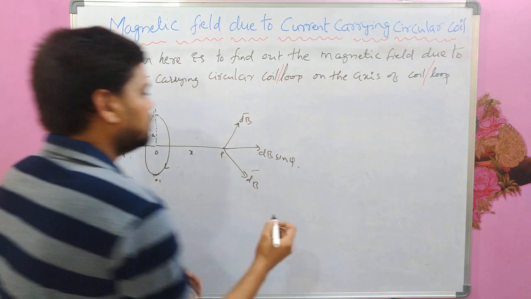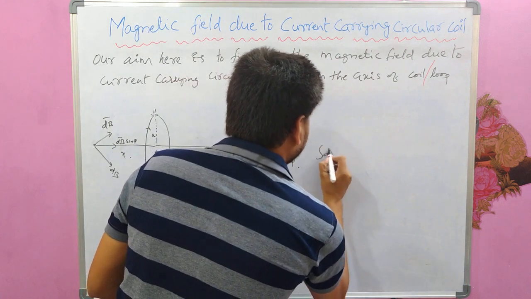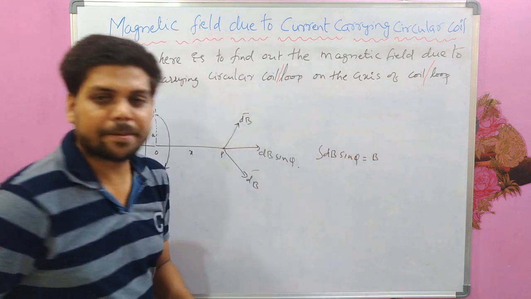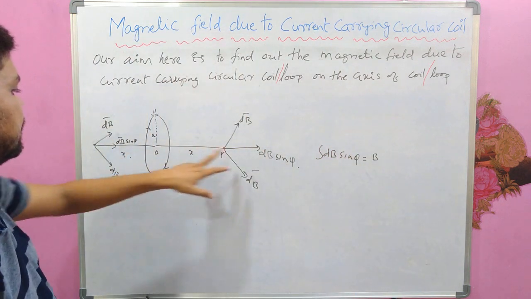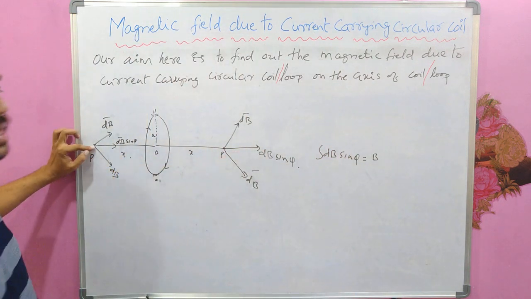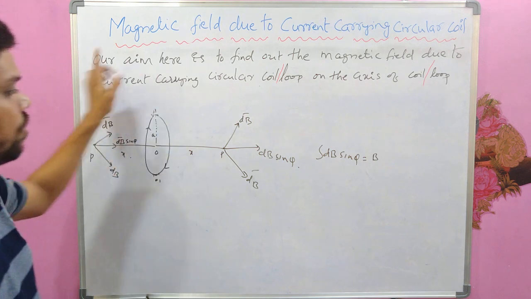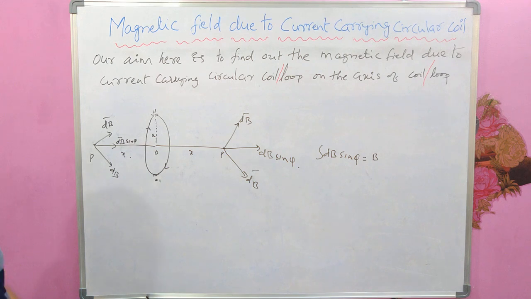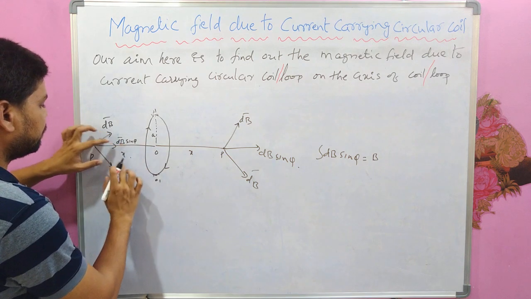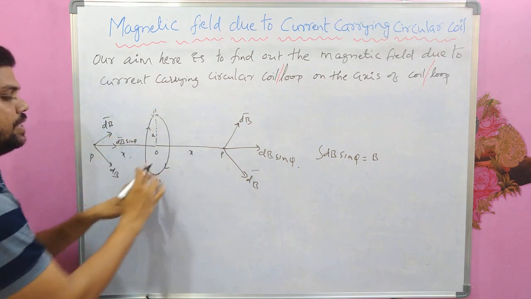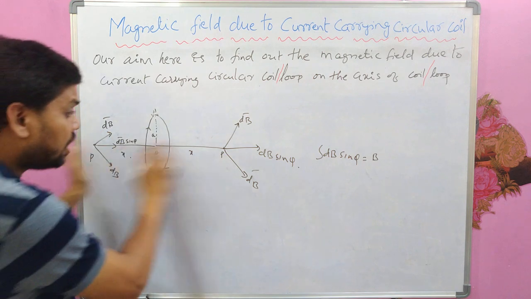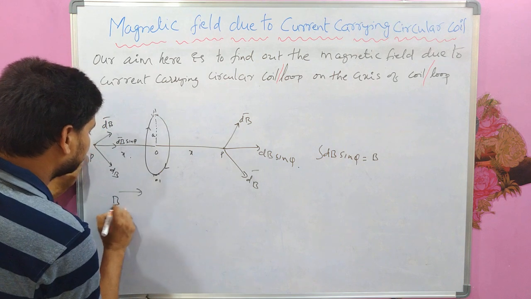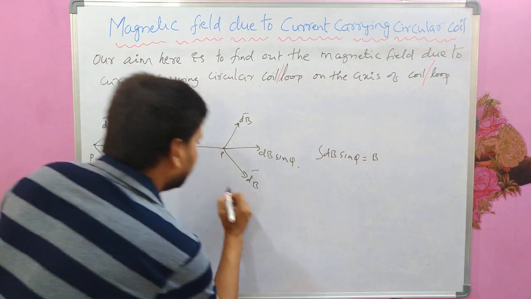What the point here is, integral dB sin phi, which is equal to B, is the total magnetic field at this point P due to this current carrying coil. So dB sin phi components are there for each current element, and they are all in the same direction. If you see here, B is this, and here also B is this.